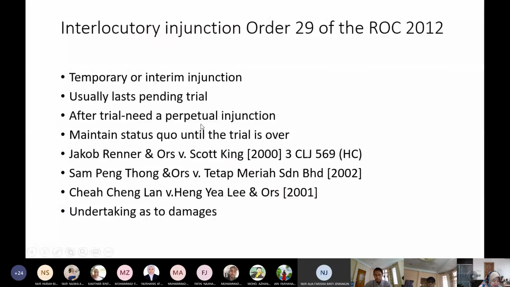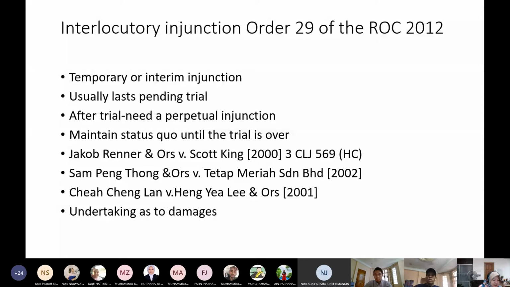Okay, so basically, the court will fix a hearing date, and then if it is an ex parte hearing, only the plaintiff will attend. So ex parte injunction means only one party appears before the court, meaning the other party is not there.